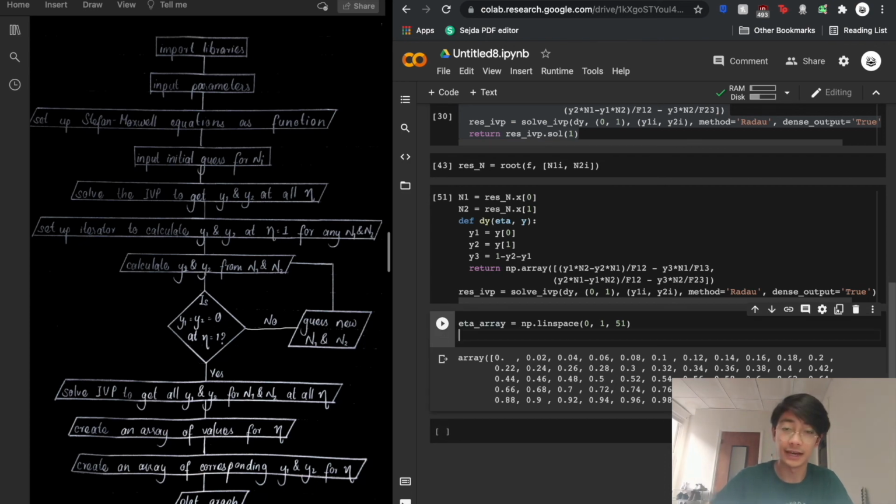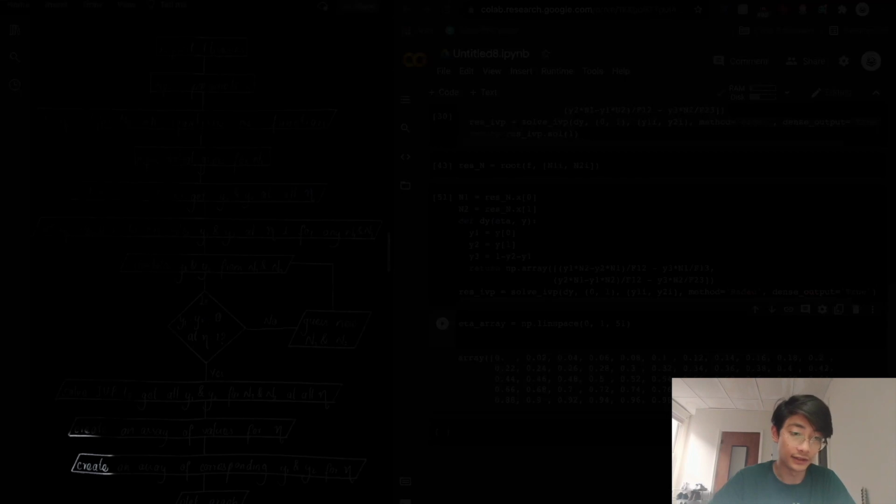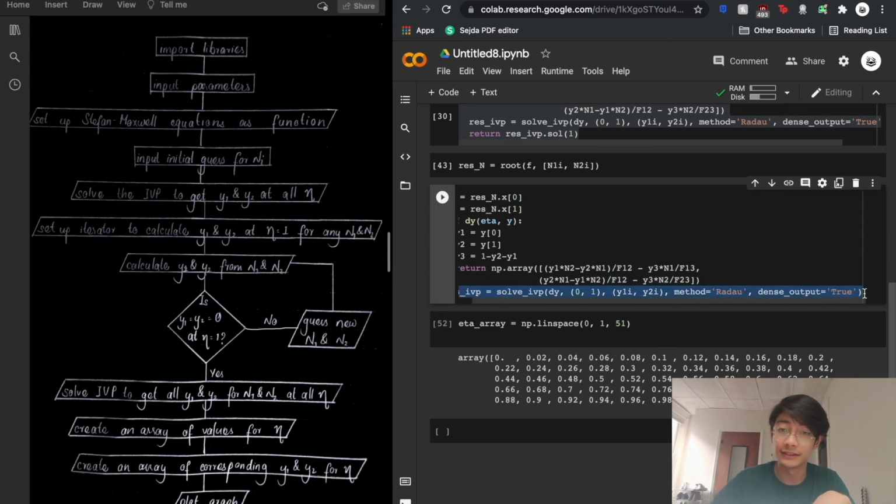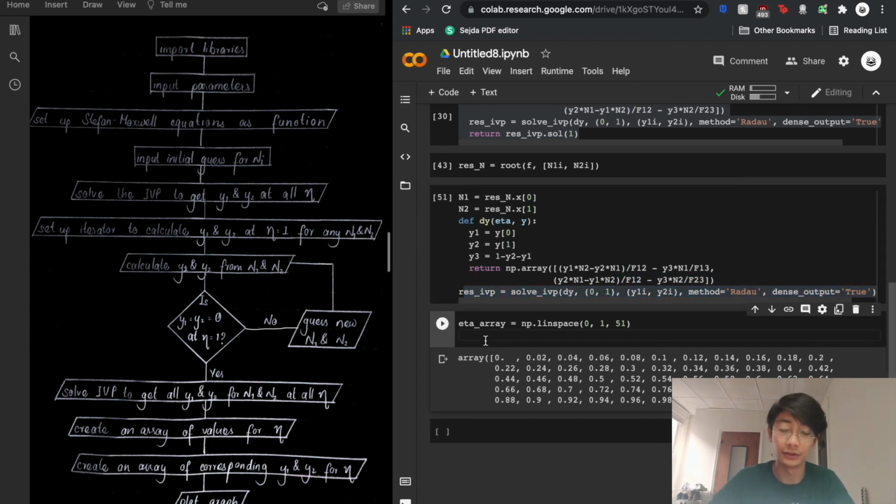So now that that's out of the way, let's make an array. The other part is to create an array of corresponding values of y1 and y2 for eta. So in order to get the actual value of y1 and y2, we're going to have to access this part. And so first of all, I'm going to call the variable y underscore array, and what we're going to do is actually try to access those values from here.